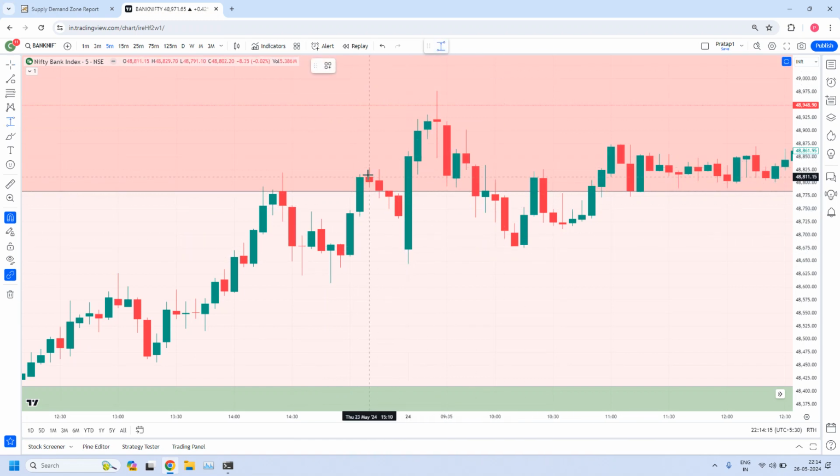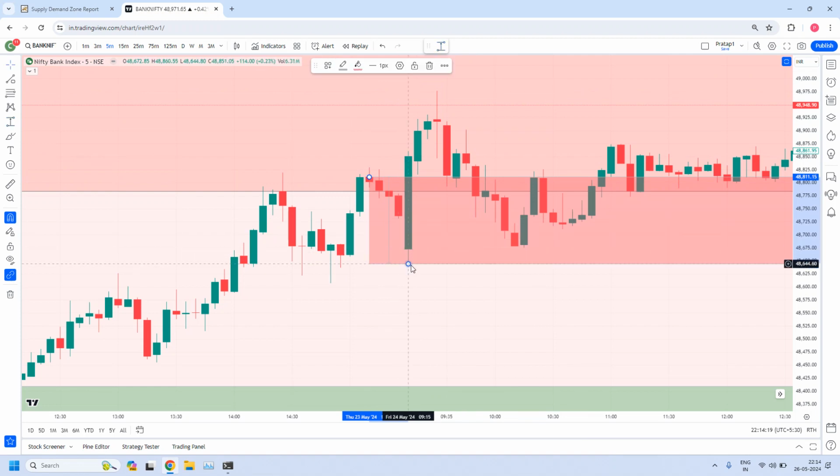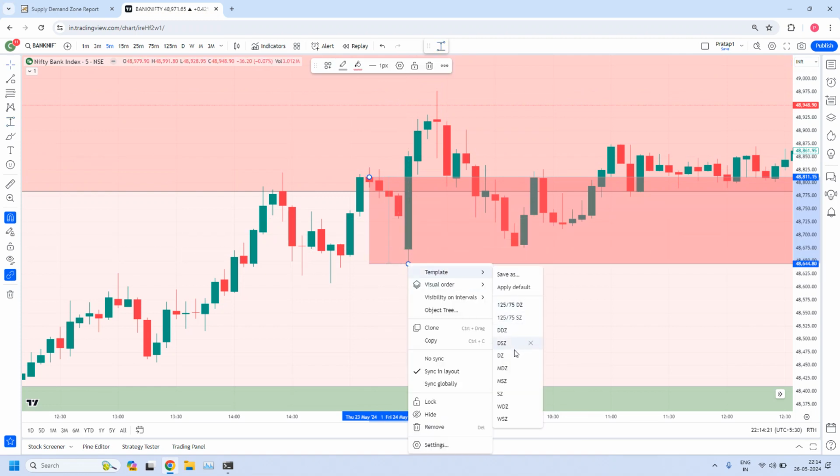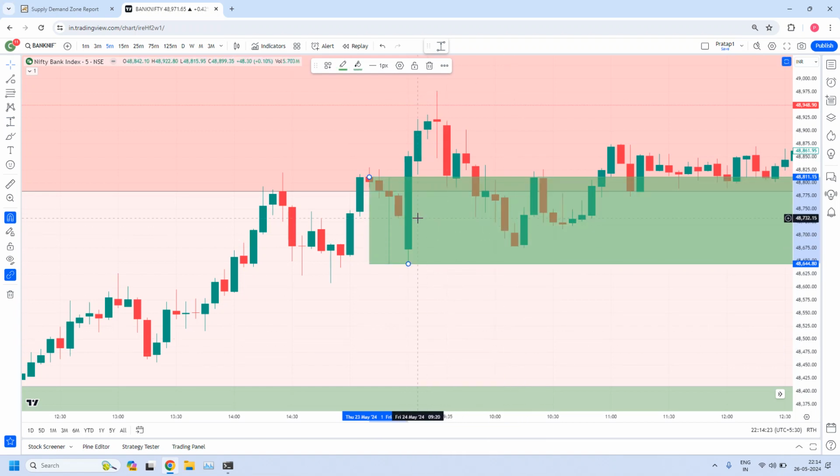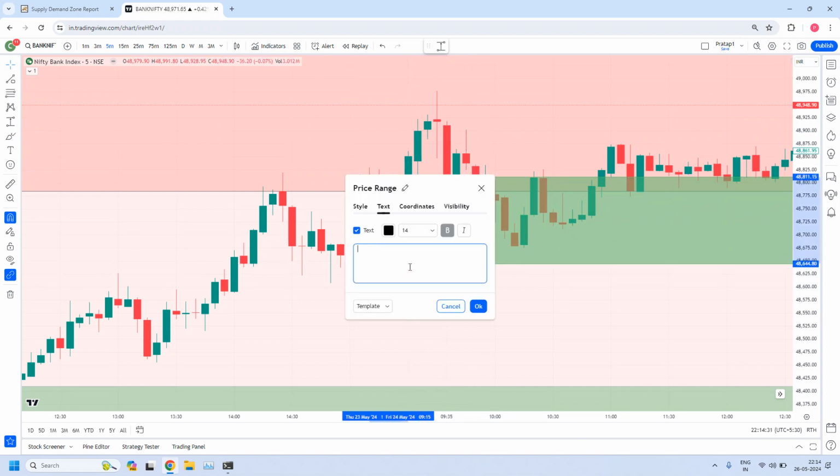That means the zone will be like this. This is a very big zone, because we need to consider the low of the leg out. This is the 5 minutes high liquidity demand zone.